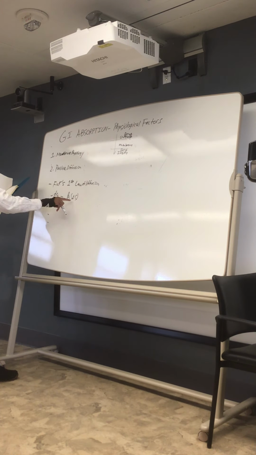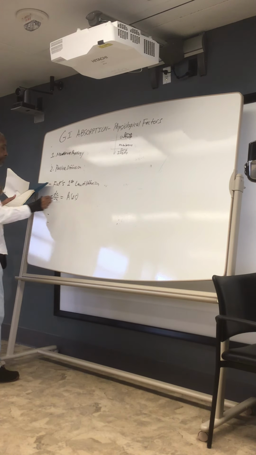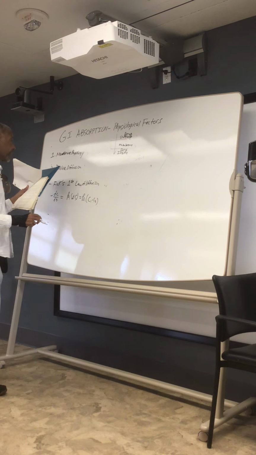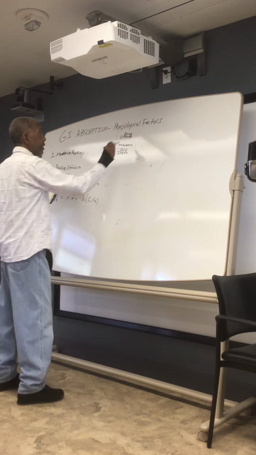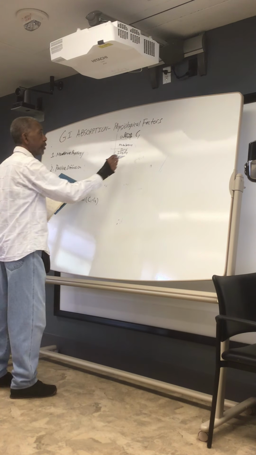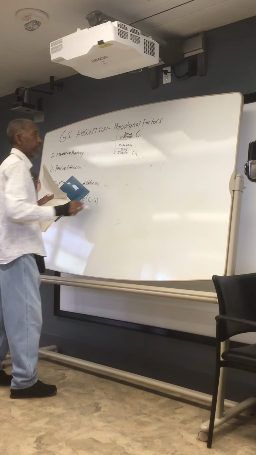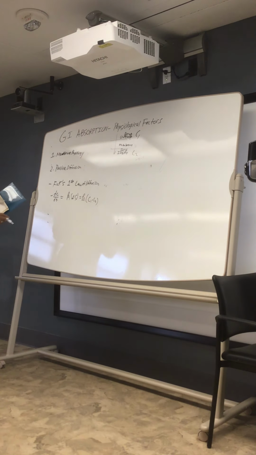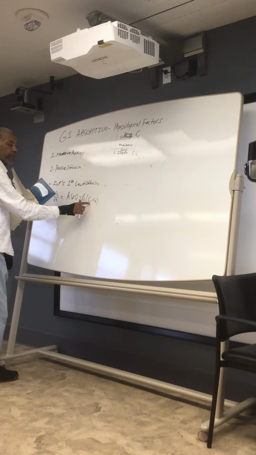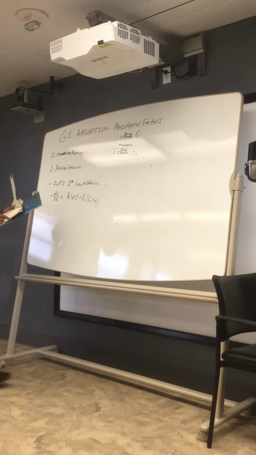That's the change in concentration, which can also be written as K times C1 minus C2, where C1 is the concentration on the outside of the membrane and C2 is the concentration inside the membrane. So that delta C is just the difference between the concentration on the outside, C1, minus the concentration on the inside, C2.